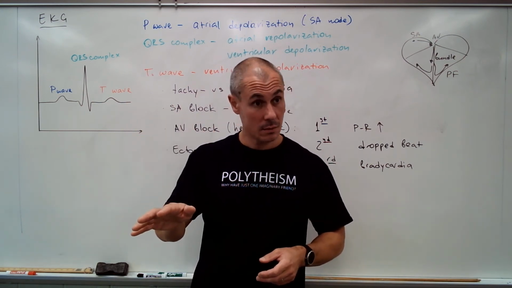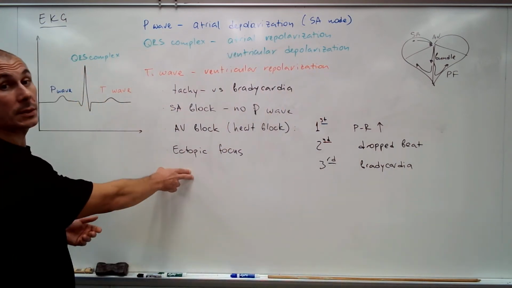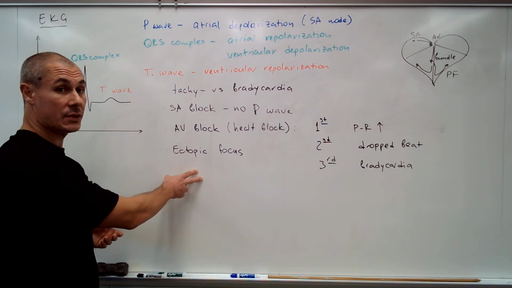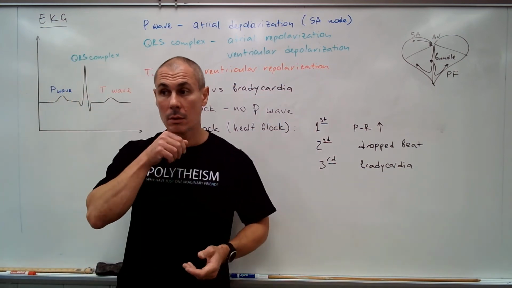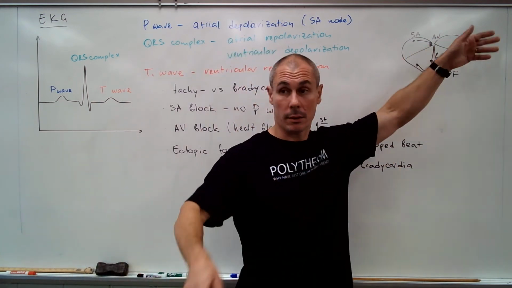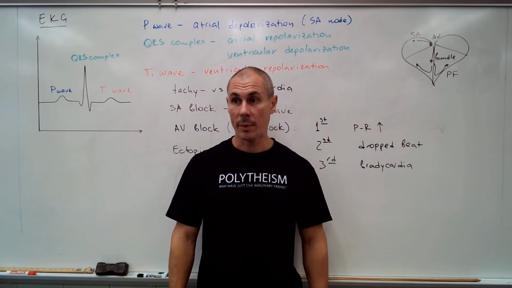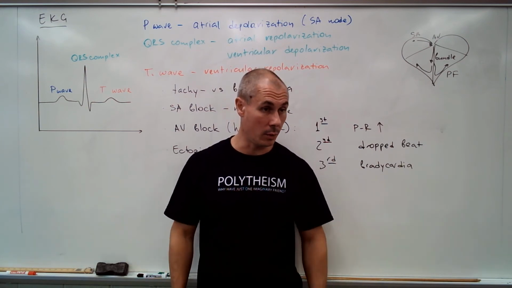Better sense? This is an ectopic focus. Ectopic means out of space, out of line, out of place. Like one player just came out of nowhere and passed the ball. That's like that word: ectopic focus, coming out of nowhere.